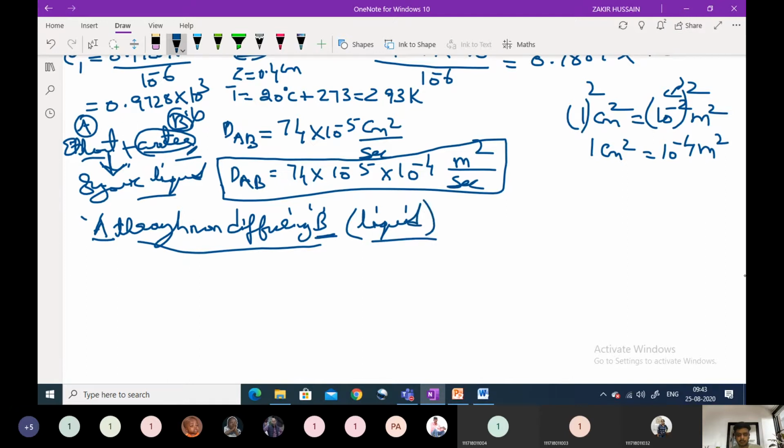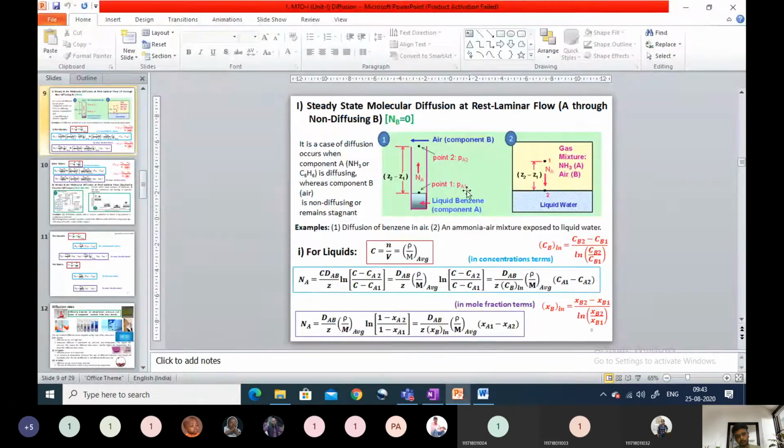So for the liquid case, we already derived equations for A through non-diffusing B. So these are the equations. Now we can use any of them because they are given in the mole percentage. We can use this equation. So mole percentage to mole fraction conversion is very easy. Just divide by 100, we can obtain mole fractions.